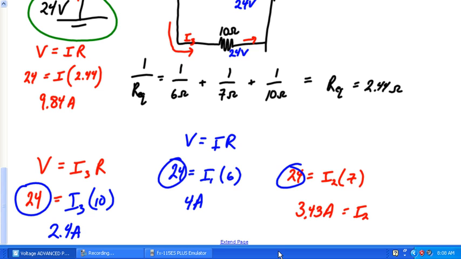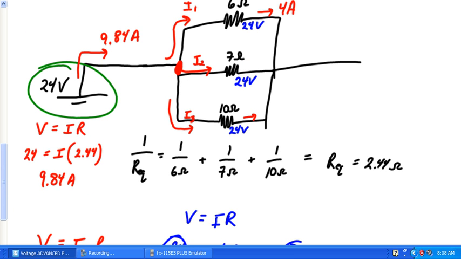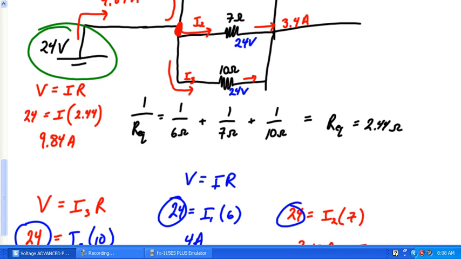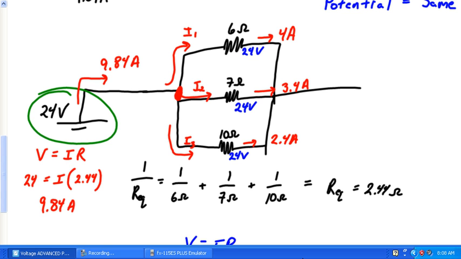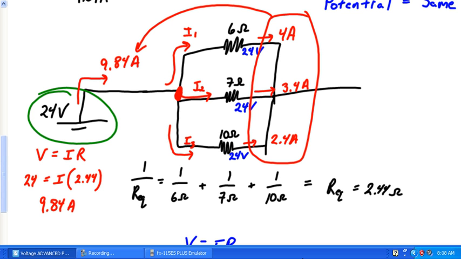And now notice something. You found that there's 4 amps through the top, there's 3.4 amps through here, and you just found out that there is also 2.4 amps through here. Well, look at something. It's a little way of checking yourself. Look at all these amps. What does it add up to? It adds back to 9.8 because that's how many amps, or how much current, left the battery.